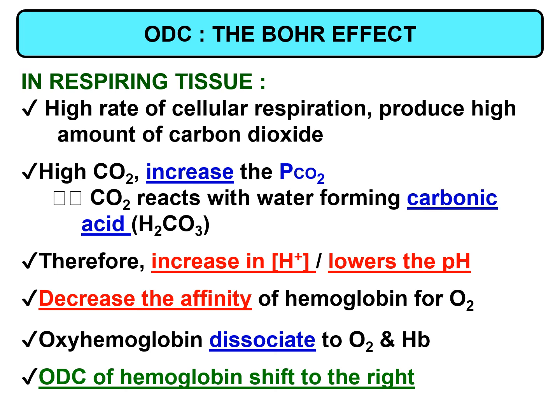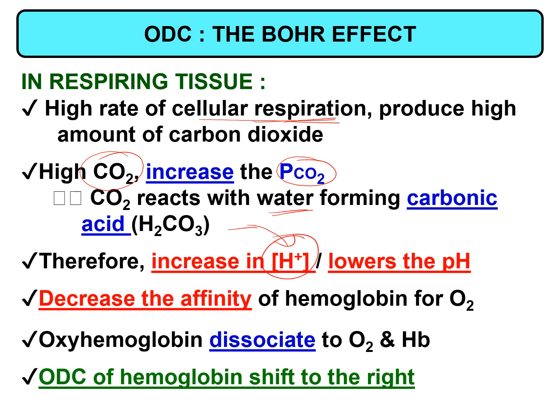While in respiring tissue, the cellular respiration, the respiring tissue release more carbon dioxide, increasing the partial pressure of carbon dioxide. So carbon dioxide reacts with water, forming carbonic acid, and then release H+.